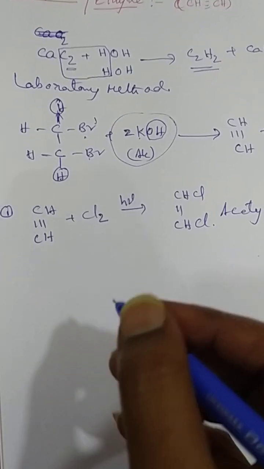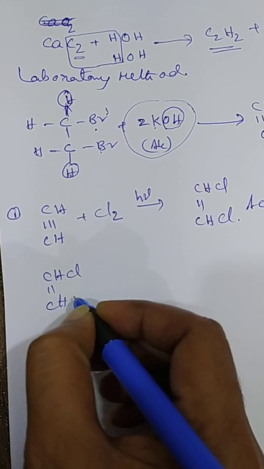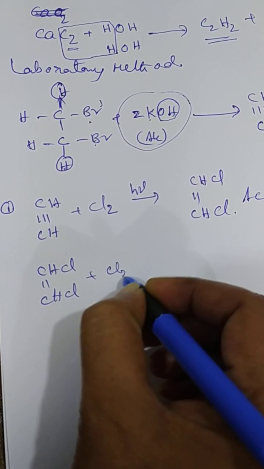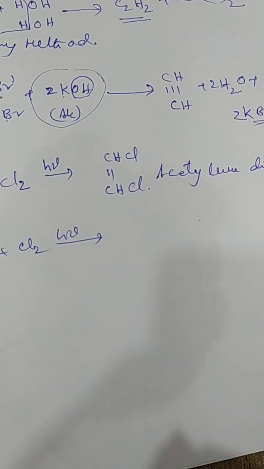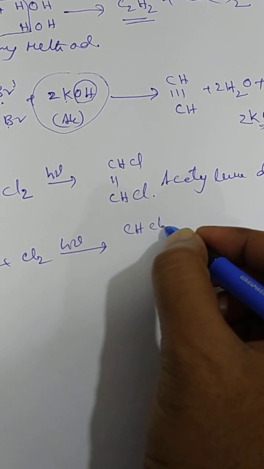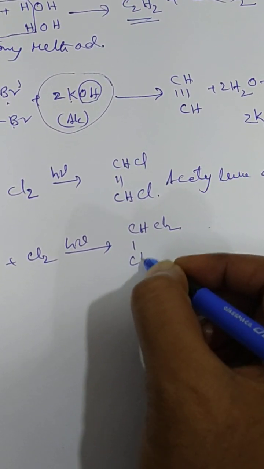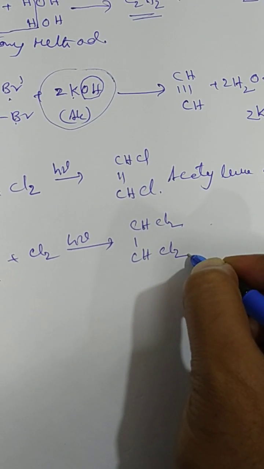Acetylene dichloride. If this acetylene dichloride again reacts with chlorine in natural light, it will form CHCl2 single bond CHCl2. Do you know the name of this?